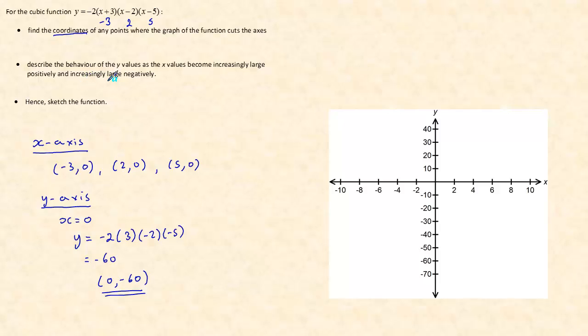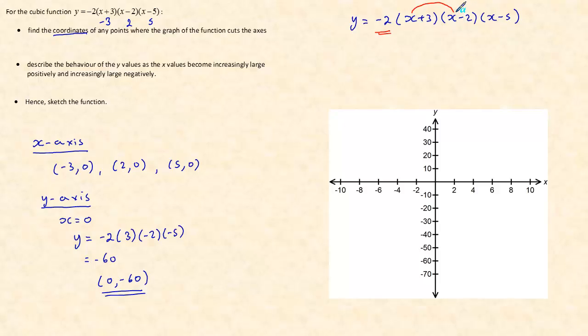Describe the behavior of the y values as the x values become increasingly large positively and increasingly large negatively. Now we have negative 2, x plus 3, x minus 2, x minus 5. Now it's important here that you don't immediately jump on the negative 2 here.